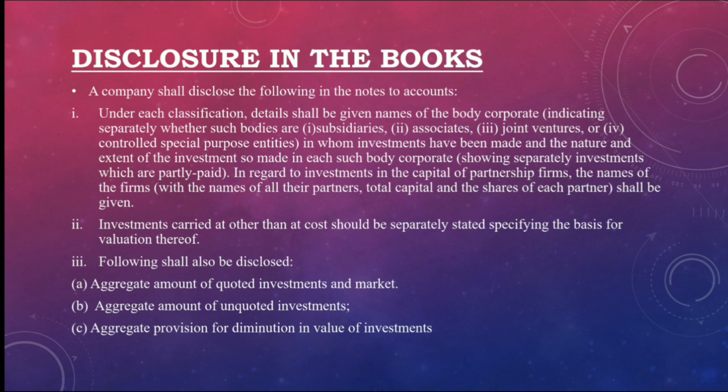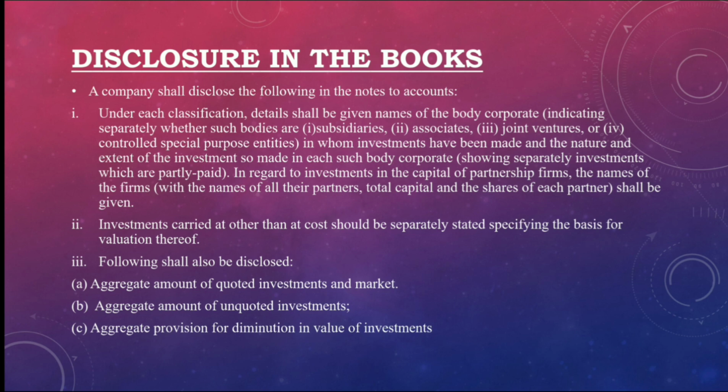Aggregate provision for diminution in the value of investments. Sometimes the market value of investments gets reduced due to fluctuations in the market. We have learned the principle of prudence, right? We have to provide for future losses and not provide for future profits at all.